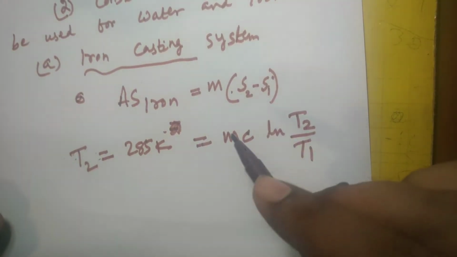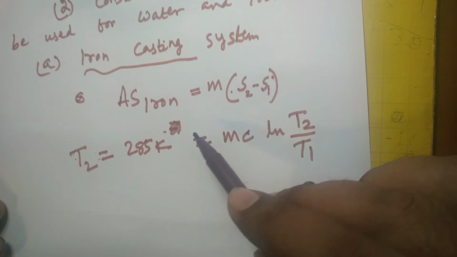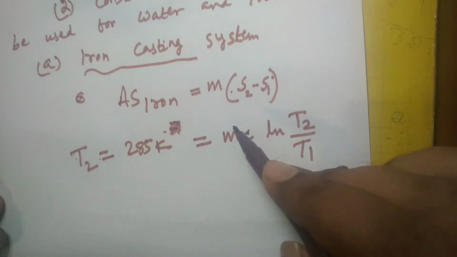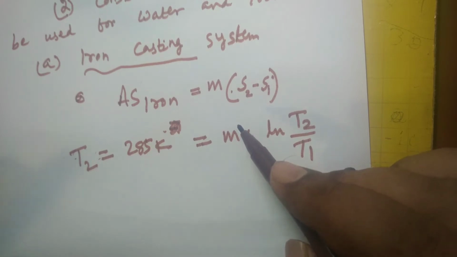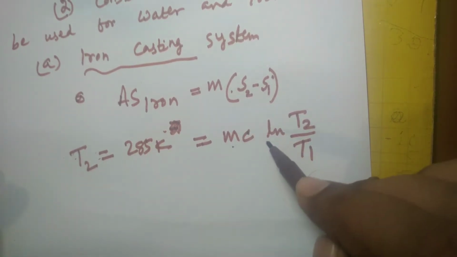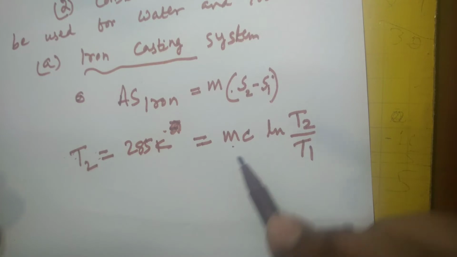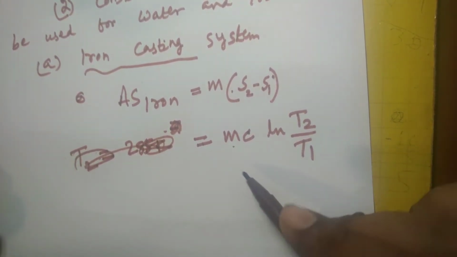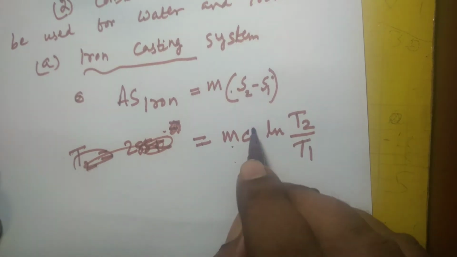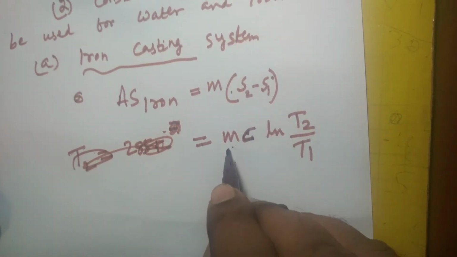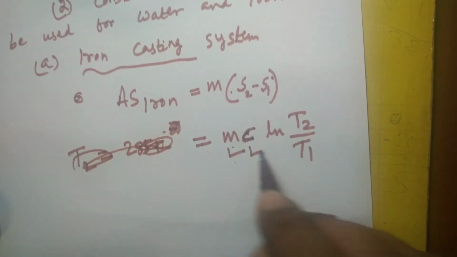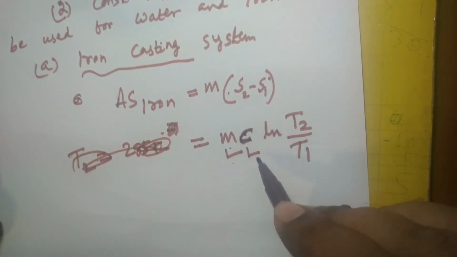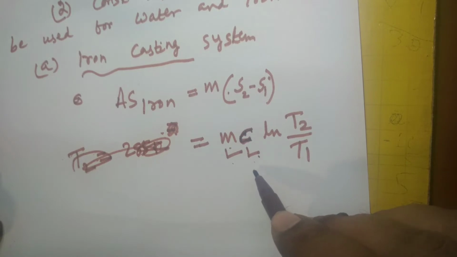This is the formula. Whenever a solid or liquid body is there, if you want to calculate the delta S of that body, the formula is like this. Of course, not for a reservoir, only for a simple body. Here the iron casting is not a reservoir, so we can use this formula, where m is the mass and c is the specific heat, assuming that the specific heat does not vary with temperature.